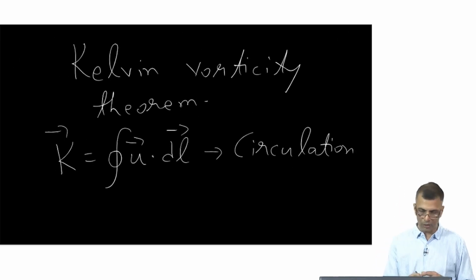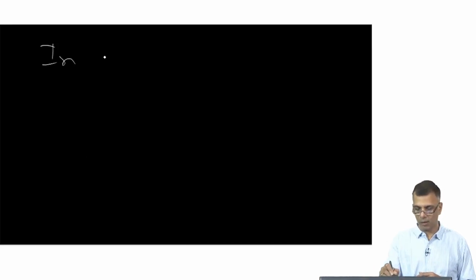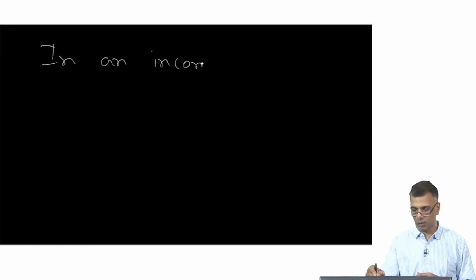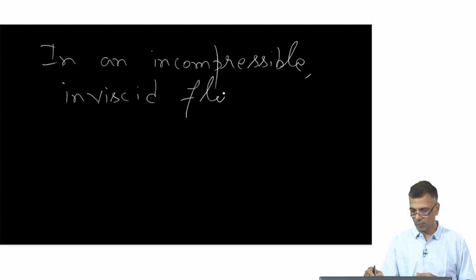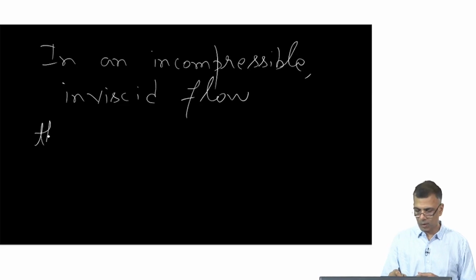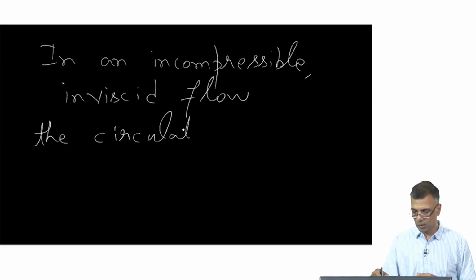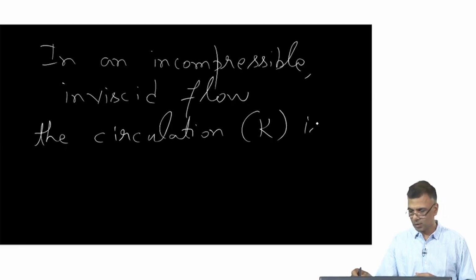And this theorem essentially says that in an incompressible inviscid flow, the circulation K is conserved.